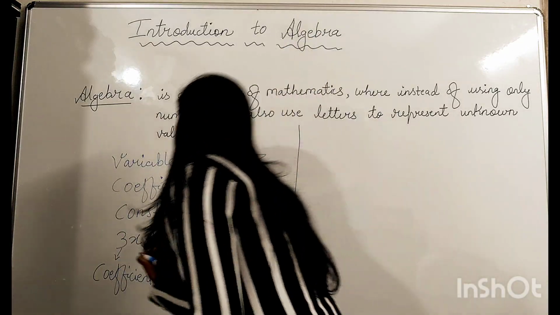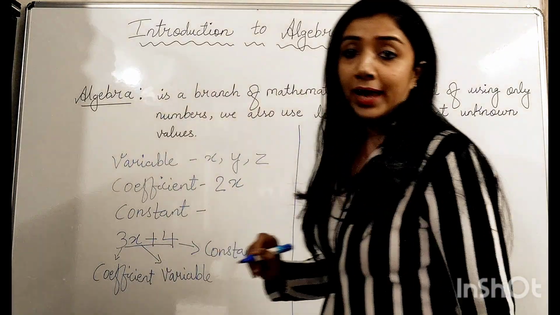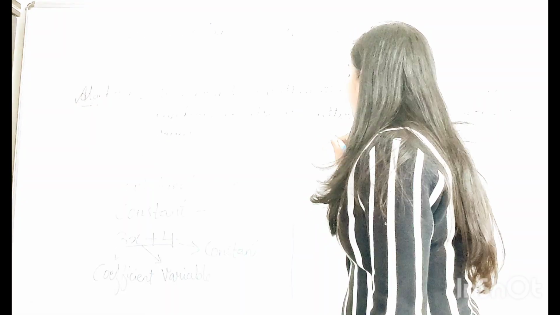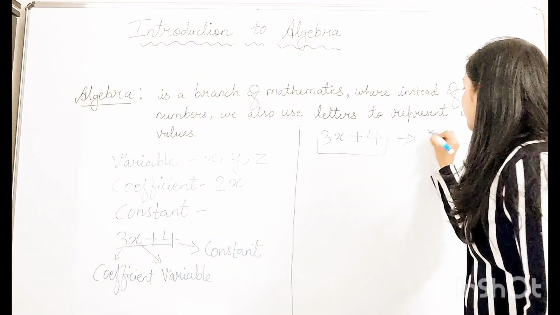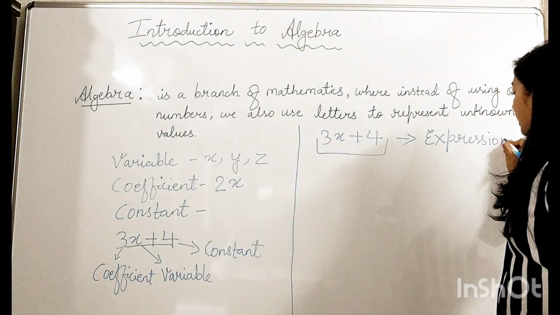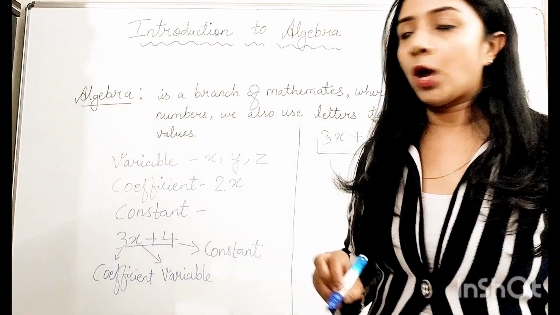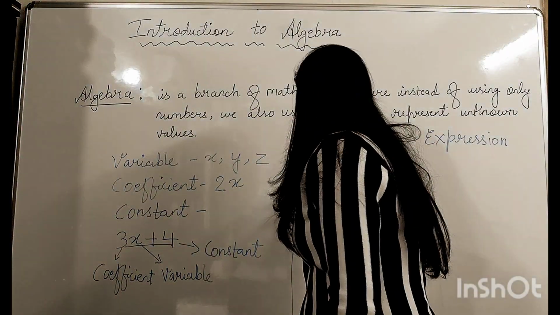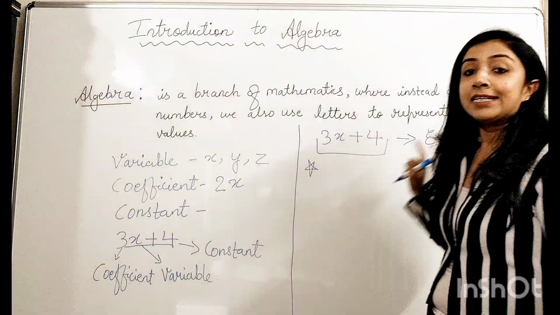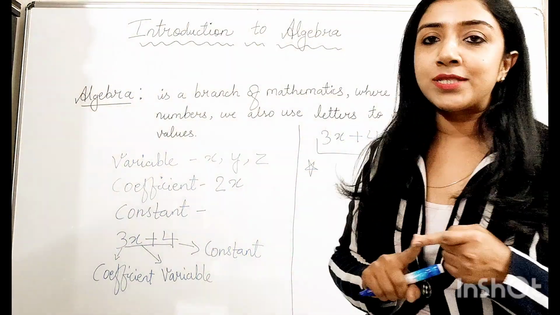Now here, this 3x plus 4, what I have written here, again I am writing 3x plus 4. What do we call this? This is an expression. 3x plus 4 is an expression. Now it's very important to note here, an expression doesn't have an equals to sign.